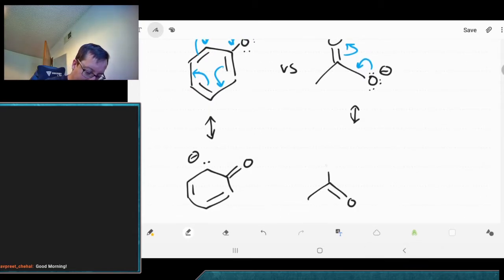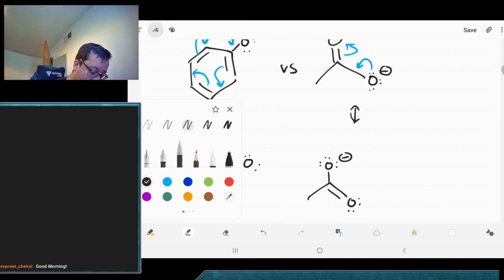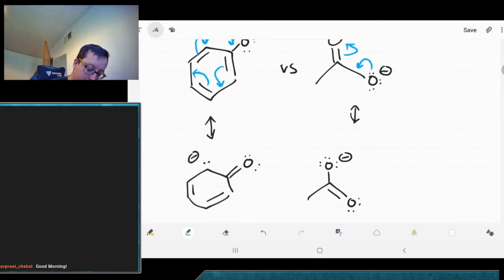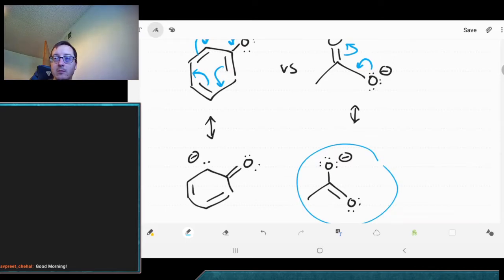And just like before, I really should remember my lone pairs everywhere. We end up with the lone pair on oxygen in this other one. And so, remembering our rules, by resonating that lone pair onto another oxygen, an electronegative atom, that's going to be better than resonating it onto a carbon, right? Because carbon is less electronegative.